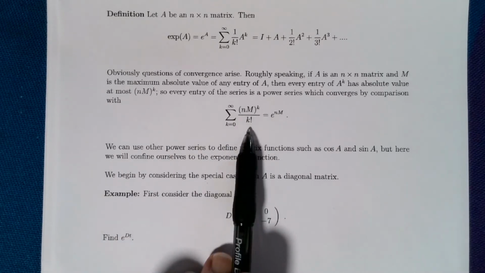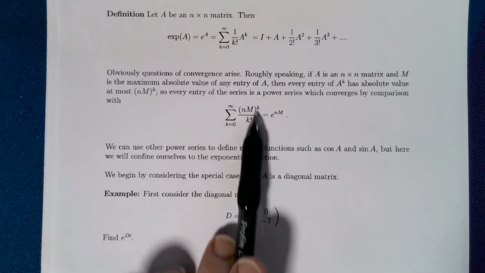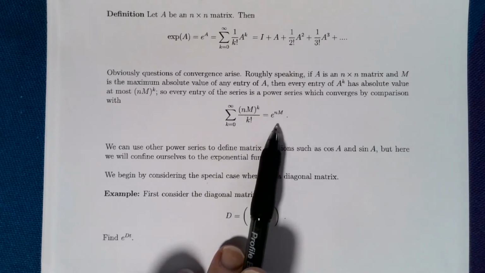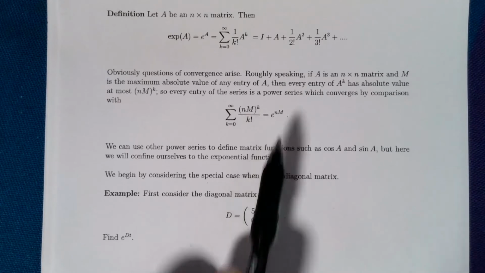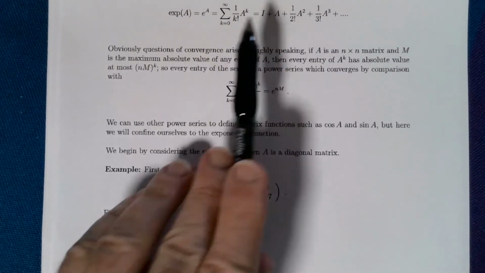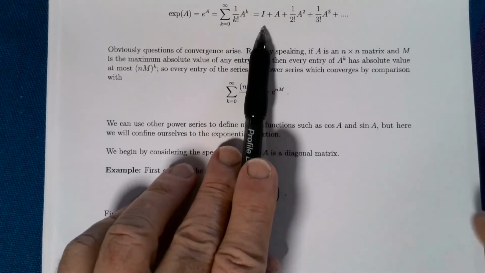So if we look at each individual term in this sum of matrices, then the largest combination of terms we're going to get is this, and this converges to e to the nM. And so this definition is going to make sense.